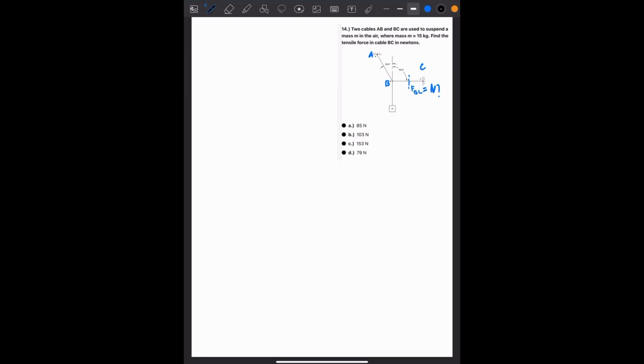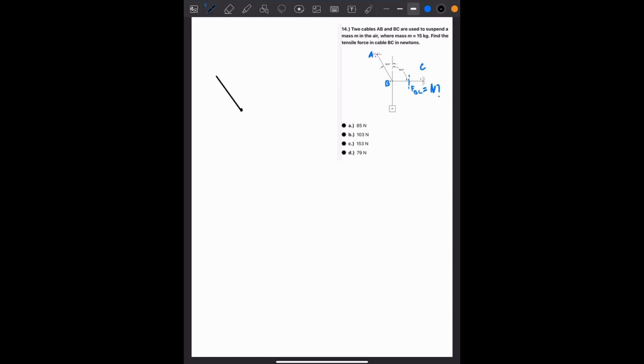And so on these problems, selecting a good spot for a free body diagram makes all the difference. In this case, let's go ahead and select point B. So looking at point B, we're going to ask ourselves what forces are acting on this body.